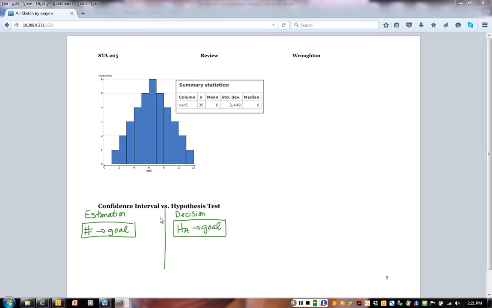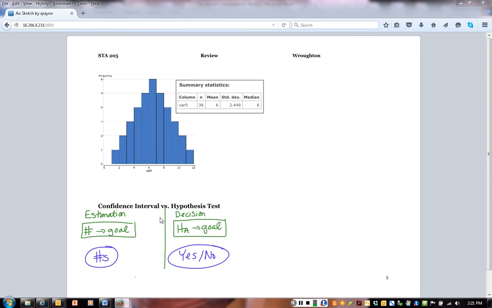So when you're reading through a question, that's the big thing that you want to ask yourself. Do you need numbers to answer that question? If I say I want to figure out what percent of American citizens are okay with bringing in the Syrian refugees, you need to give me numbers to help answer my question. When I do a hypothesis test, I'm looking for some type of yes or no decision.